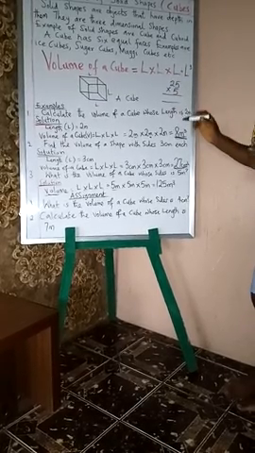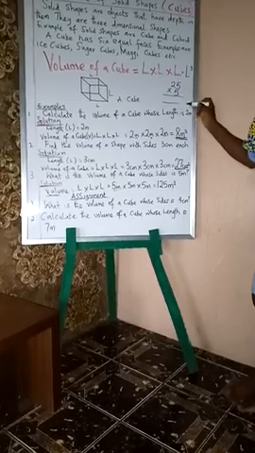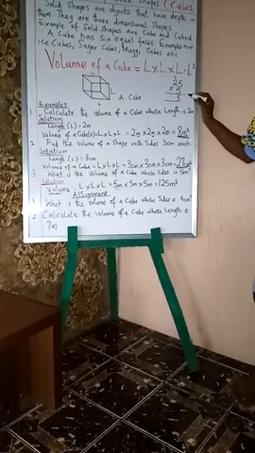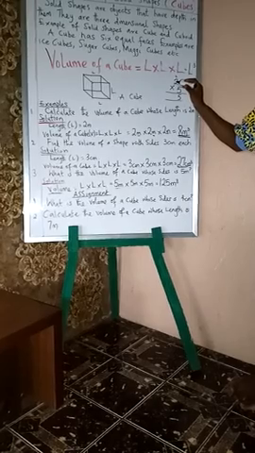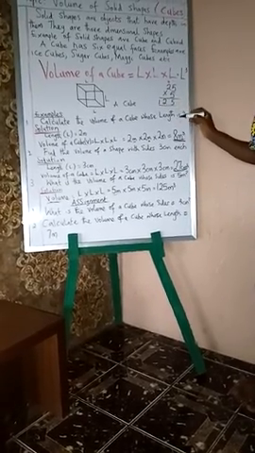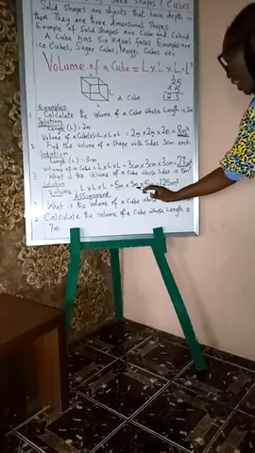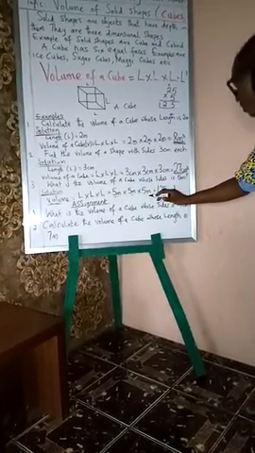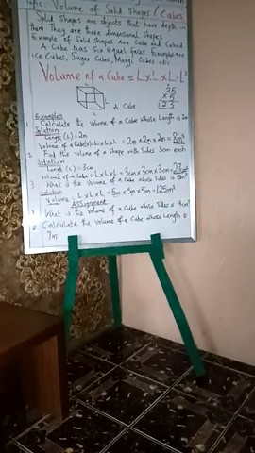Remember your multiplication. 5 times 5 is 25, so I have 5 remainder 2. I put the 2 here. 5 times 2 gives me 10. 10 plus 2, that's 12. So now I have 5 times 5 times 5, which is 5 times 5, 25. 25 times 5 is what? 125.